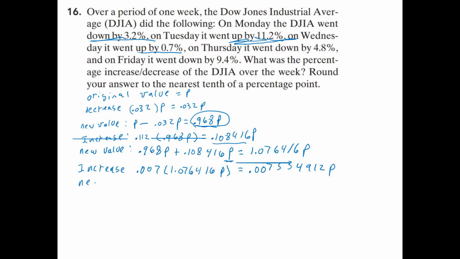So the new value at the end of Wednesday is to add this to my previous value: 0.007534912P plus 1.076416P, and what we have is 1.083950912P.